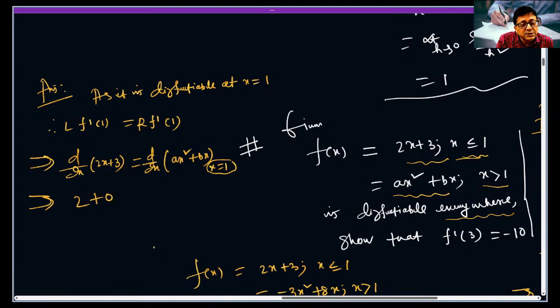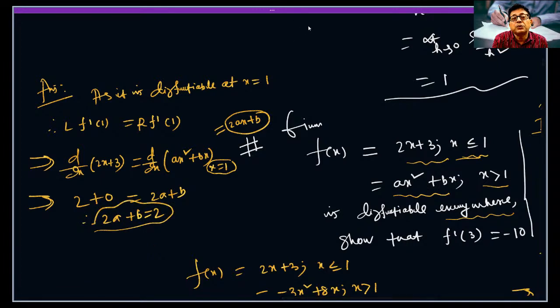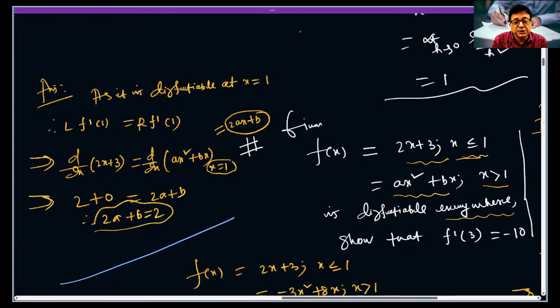So this is 2 plus 0 equal to, at x equal to 1, if you differentiate, 2ax plus b. If you put it, 2a plus b. So you got 2a plus b equal to 2. But you need to get a and b.